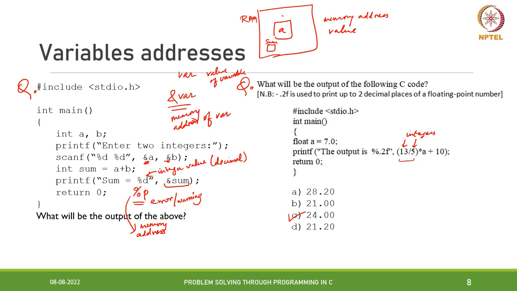Now, 13 by 5 should be 2.6, but because I have done a computation between two integers, the answer will be an integer. The computation inside the parenthesis takes priority. So it will not give you 2.6, rather it will give you 2.